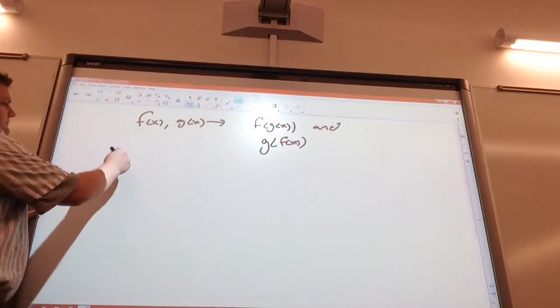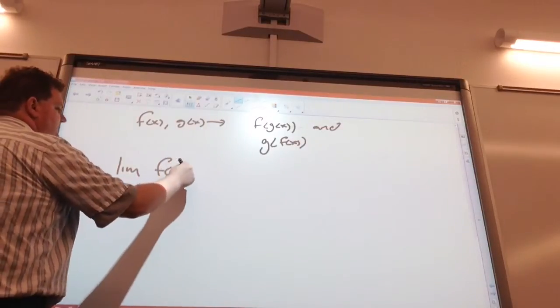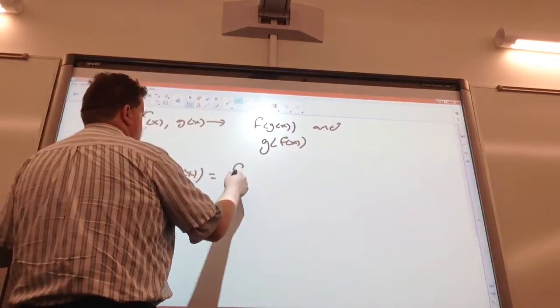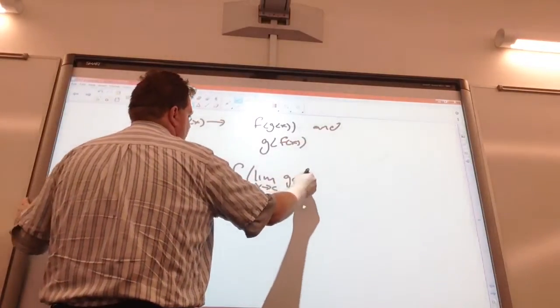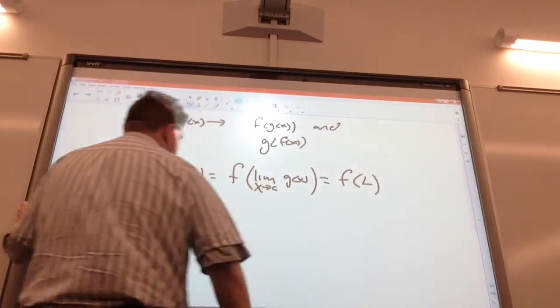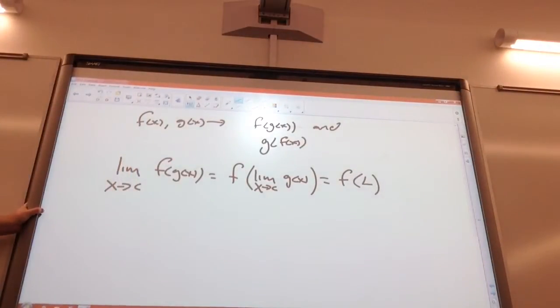If I did the limit as x goes to c of f of g of x, that would be like me just doing f of the limit as x goes to c of g of x, which should just be f of L, given, of course, that the limit of g of x is equal to L. So it's another way of thinking these things through. Any questions about that?